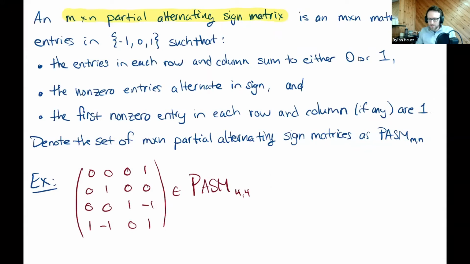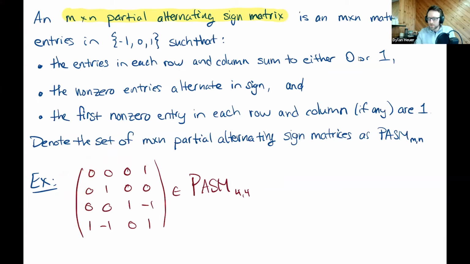For the partial alternating sign matrix case, I said I wasn't going to get too much into this, but I want to give a quick definition. We're going to allow negative ones to appear in certain cases. If we look at it from the left or from the top, I always have to see a positive 1 first, and after that I'm allowed to see a negative 1 and alternate back and forth.